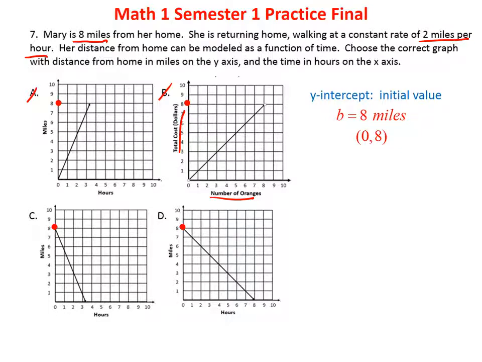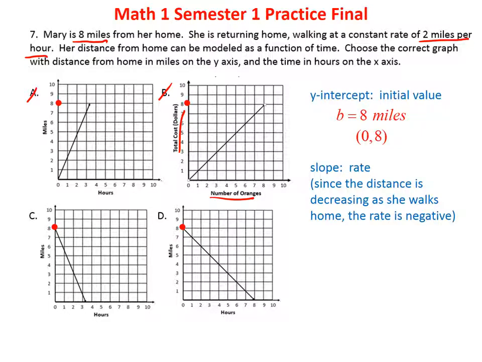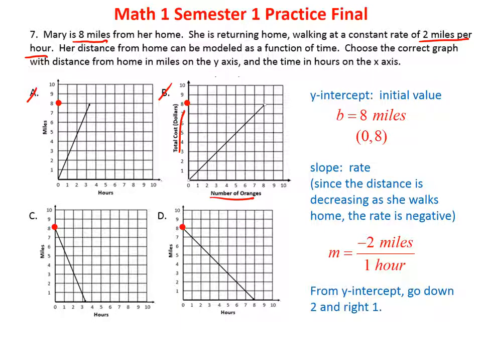The next thing we have to measure is the slope. Since the distance is decreasing as she walks home, the rate is negative. We're looking at negative 2 miles per 1 hour. That's the slope we're looking at. If we identify these, you'll notice that as we go down here, this one goes down 2 over 1.